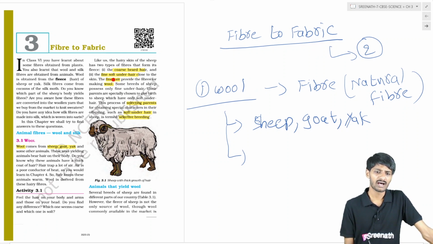The hairy skin of the sheep has two types of fibers. So the sheep has two types of wool, or two types of fibers, we call.